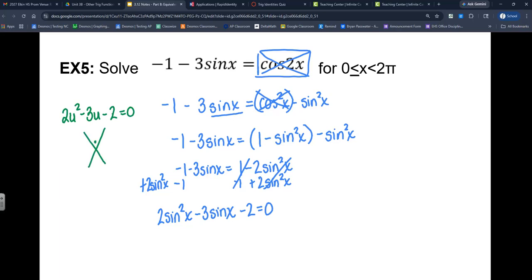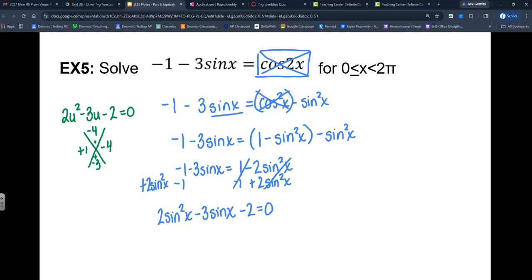So you have to do 2 times negative 2, which gives you negative 4. You're adding together to get negative 3. What do I multiply to get negative 4, but add to get negative 3? We're multiplying to get negative 4. Which, what about signs? Positive 1, negative 4.